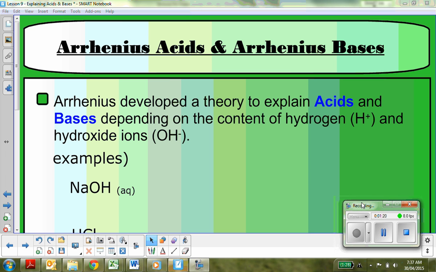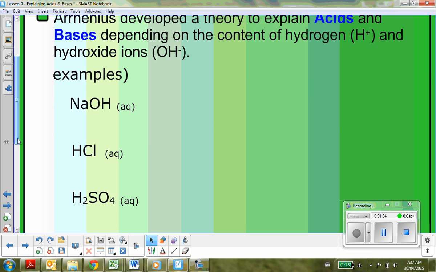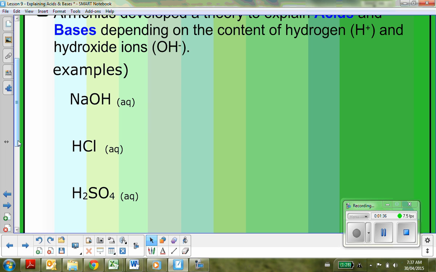So your first blank is acids, next blank is bases. So Arrhenius developed a theory to explain acids and bases depending on the content of your hydrogen ions, H+, and your hydroxide ions. So up until this point, if I asked you to prove why sodium hydroxide was a base, you could write a dissociation equation. Remember, when we're writing dissociation and ionization equations, we should write that over the arrow.